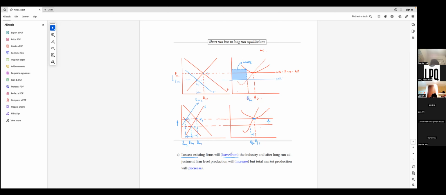Okay, so after the whole story, after this so-called long-run adjustment, firm-level production will increase. So you fill this one with increase.